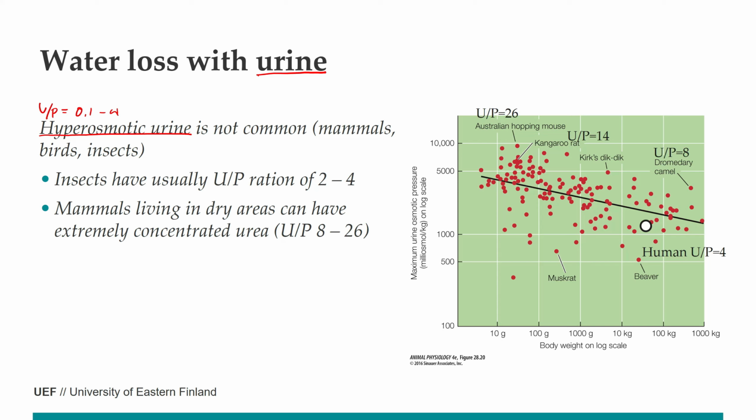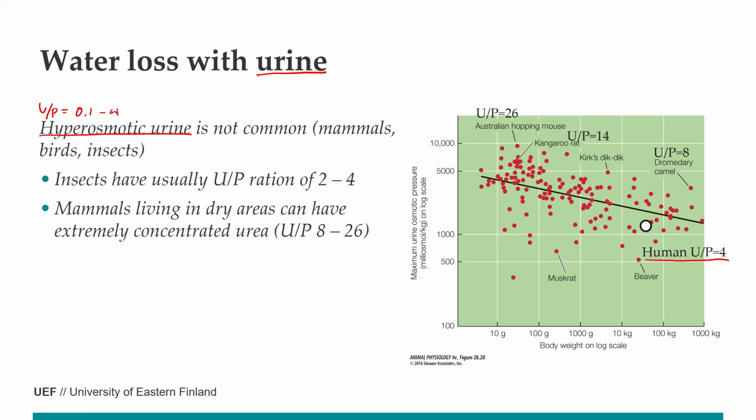So in the humans, when we are not drinking enough and we want to get rid of as many waste products as possible, then the urine might be a little bit over 1,000 milliosmoles per kilogram. So it's 4 times more than in our plasma.